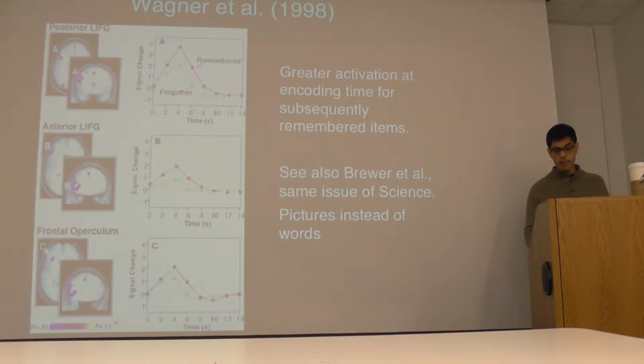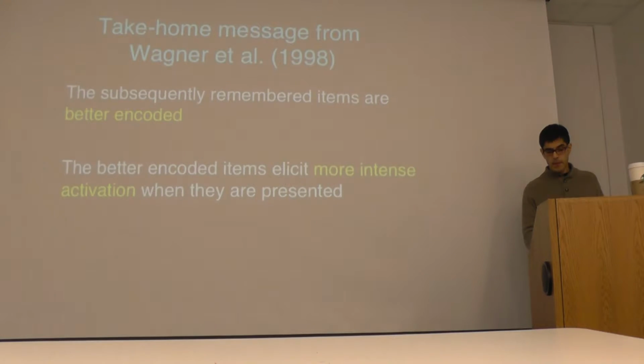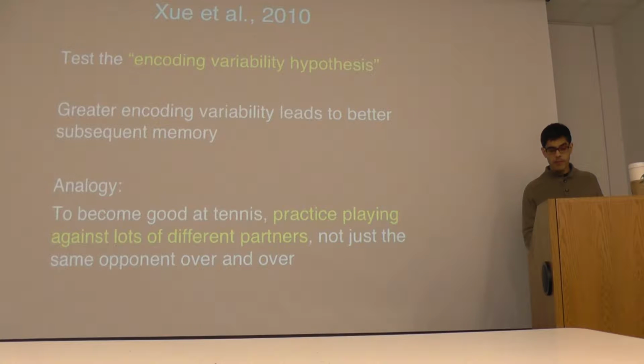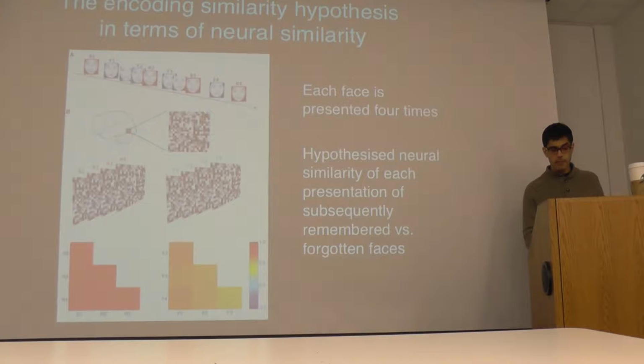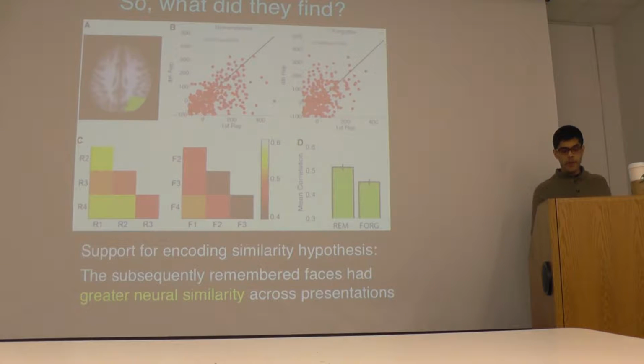So you might say, well, if you can get better subsequent memory just from having more activation, maybe that's really what's driving this. Maybe it's not really all the stuff about extra correlation at all. Maybe the extra correlation is just going along for the ride and going hand in hand with extra activation intensity, but maybe it's the intensity that's really driving this.